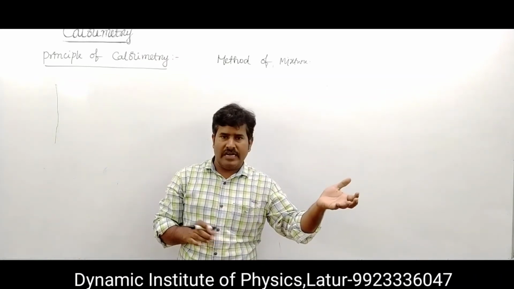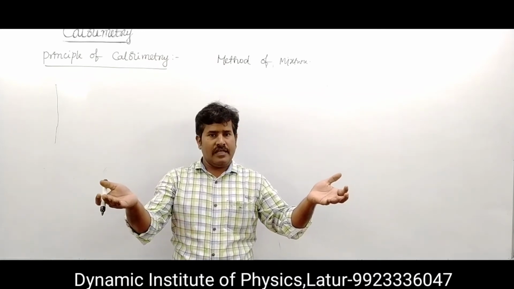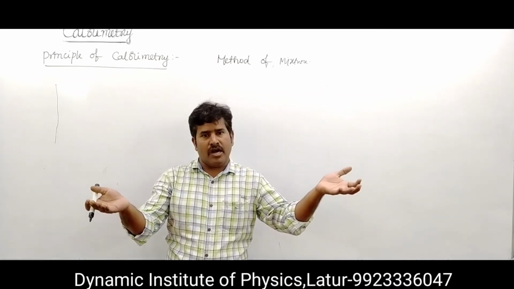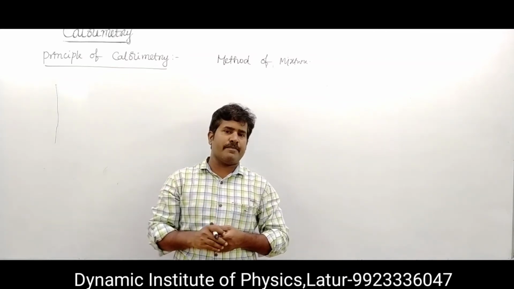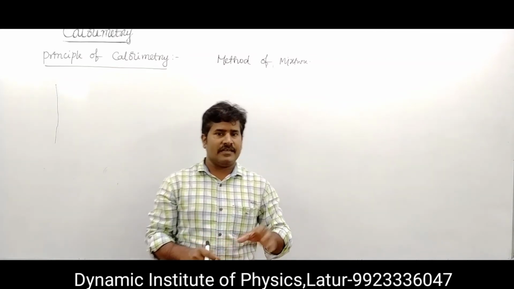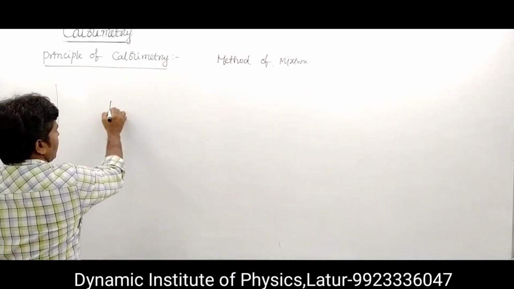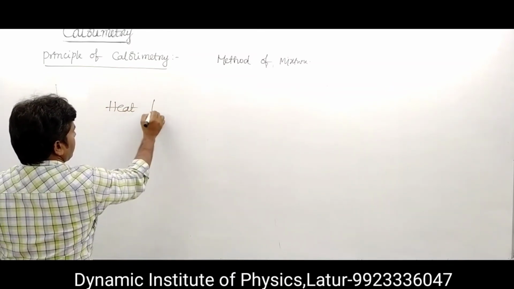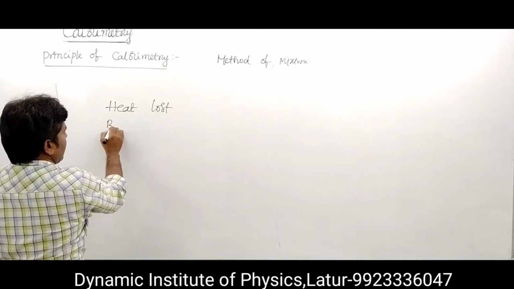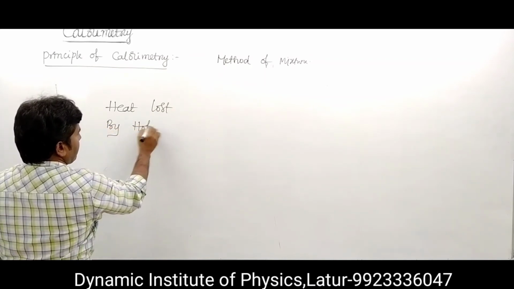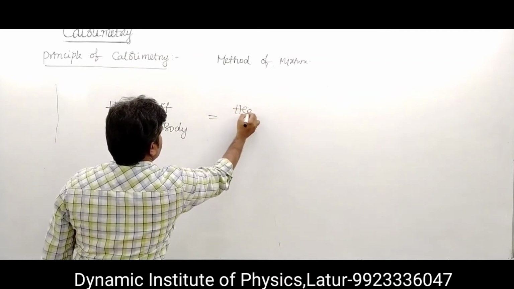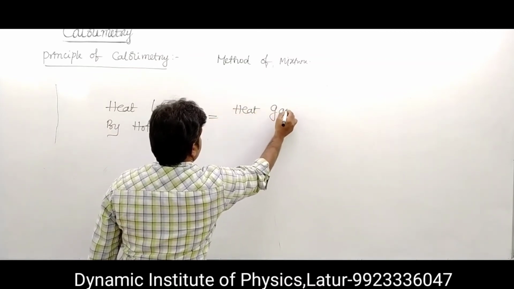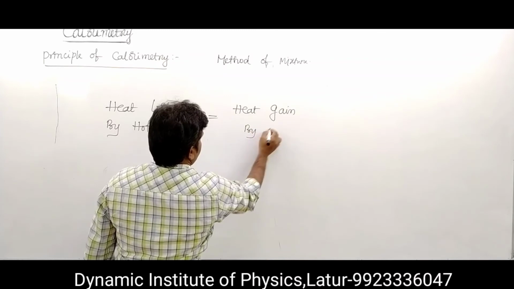One is a hot body, another one is a cold body. Heat loss by the hot body is equal to heat gain by the cold body. This is called the principle of calorimetry. So heat lost by the hot body equals heat gained by the cold body.